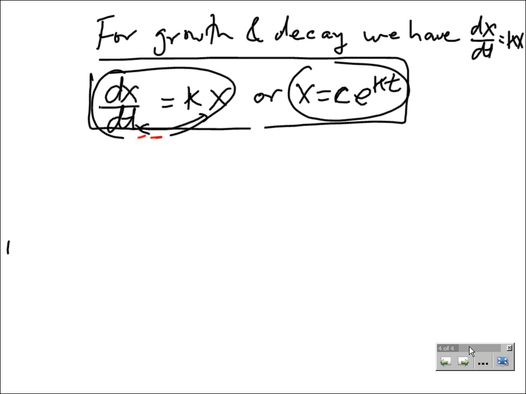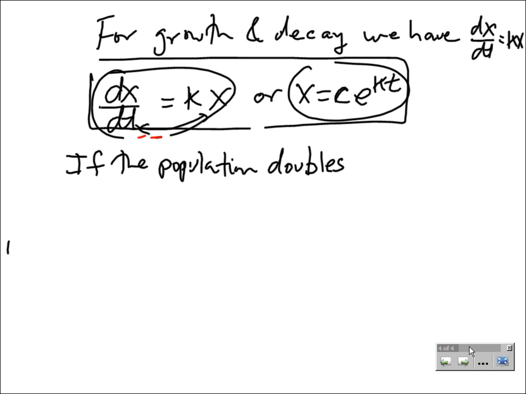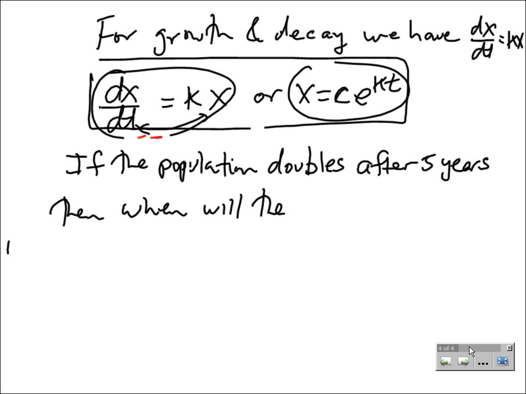Then it goes on to say, if the population doubles after 5 years, then when will the population, and part A is say triple, and part B is quadruple.